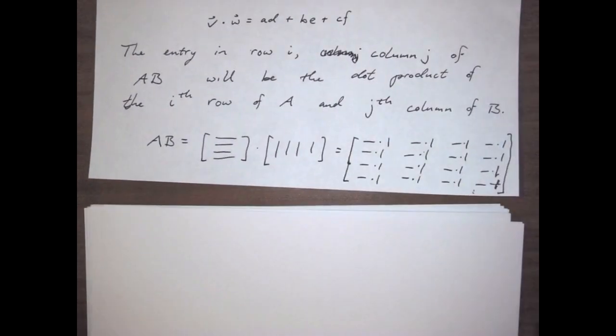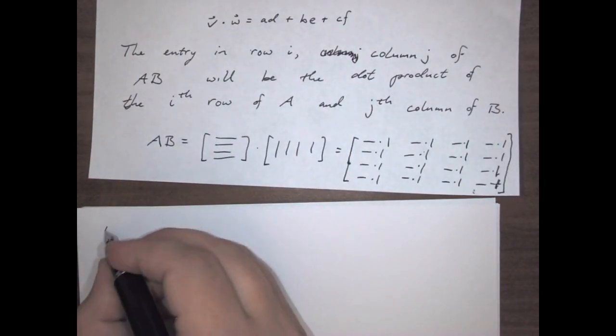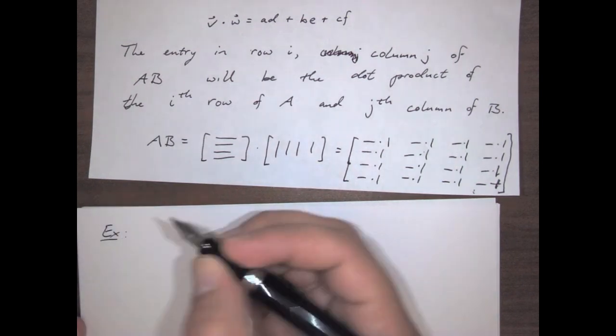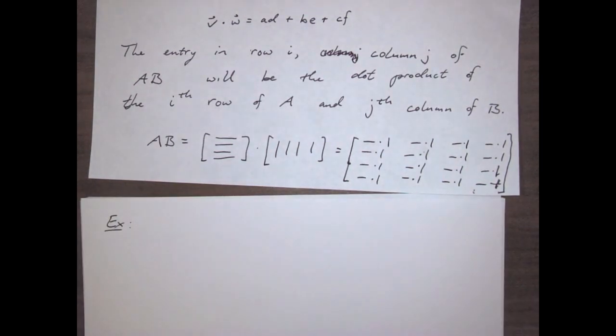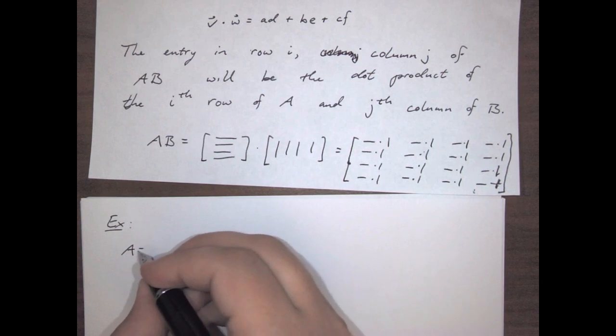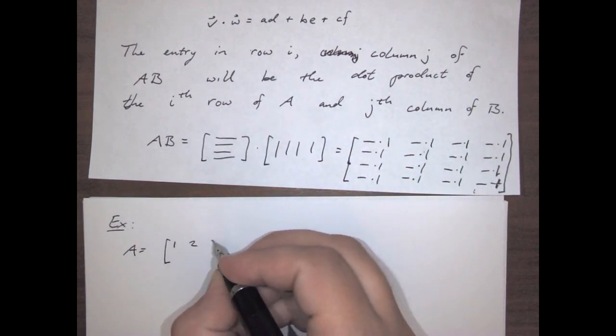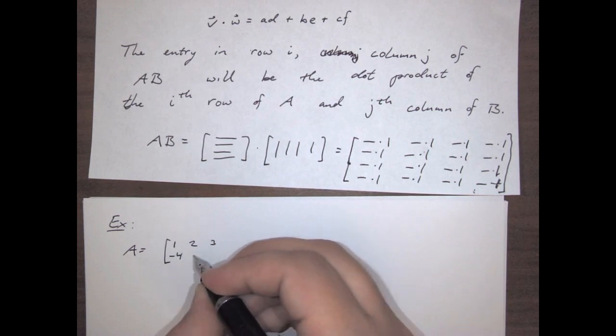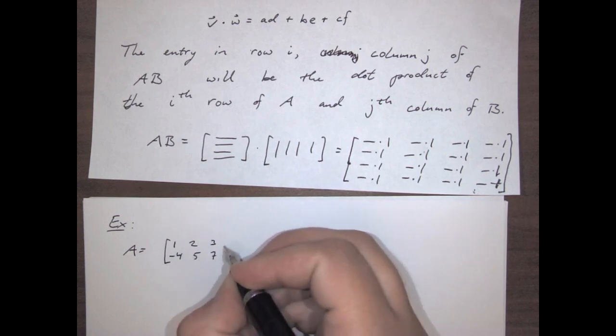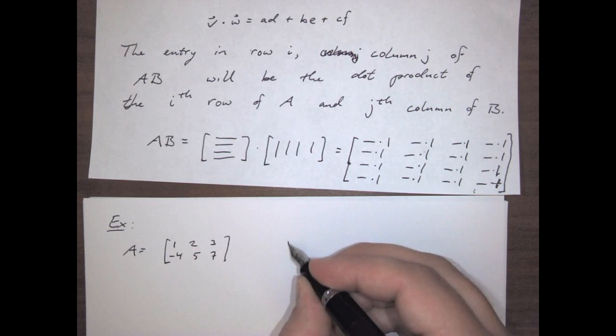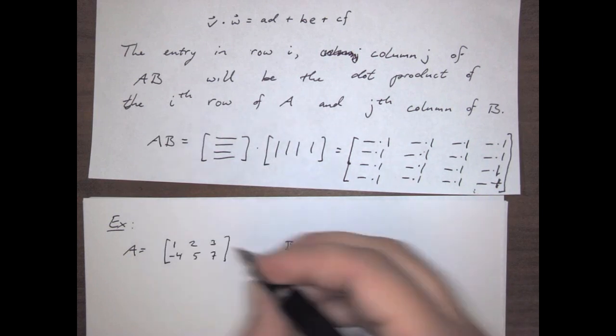So for example, let's say that A was 2 rows: 1, 2, 3, and -4, 5, 7. So 2 rows, 3 columns.